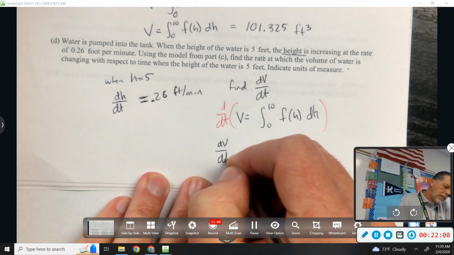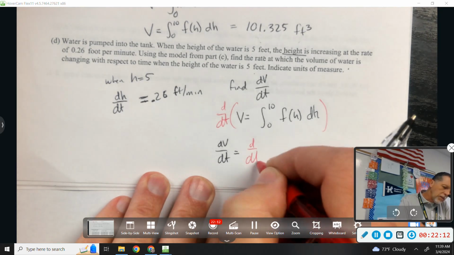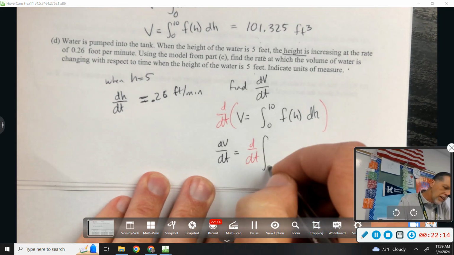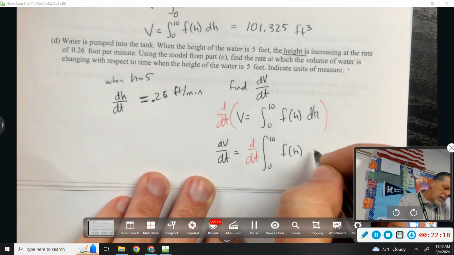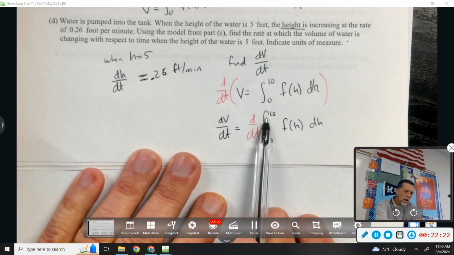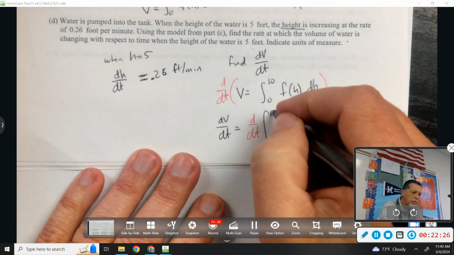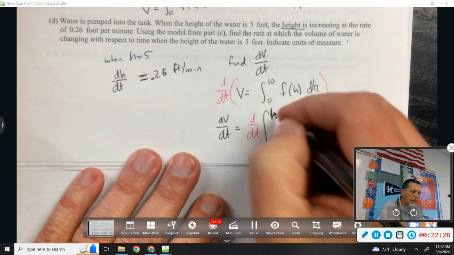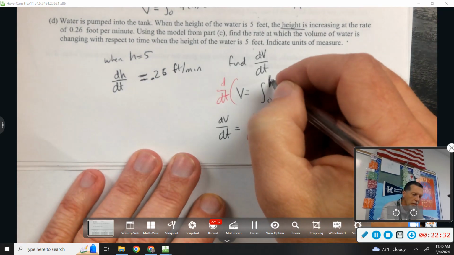So dV dt equals, I want to take the derivative of... wait a minute, I'm not going 0 to 10. That would be the whole volume. I think I want to put 0 to h right there. That way it's changing. That volume is changing as we go up.